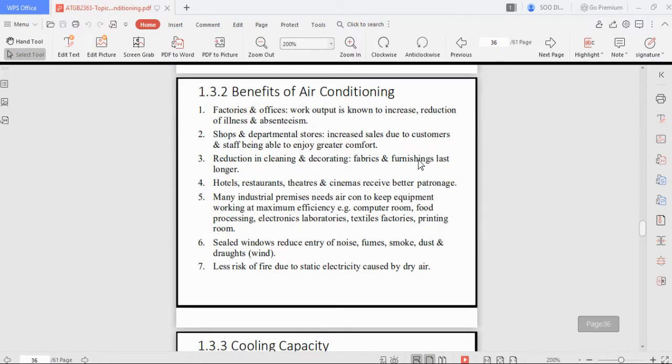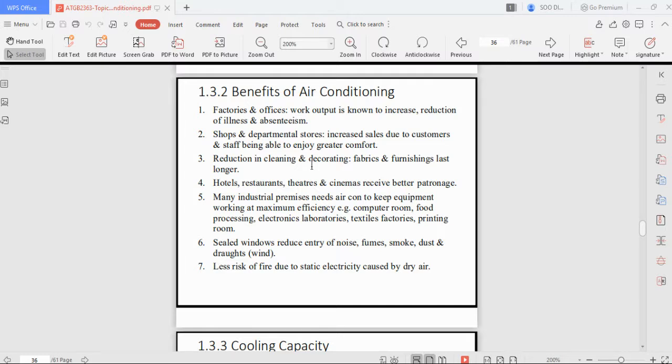And then there are benefits of air conditioning. In different environments such as a factory or office, the usage of air conditioning provides benefits. When the area is cool, the people inside will feel comfortable.